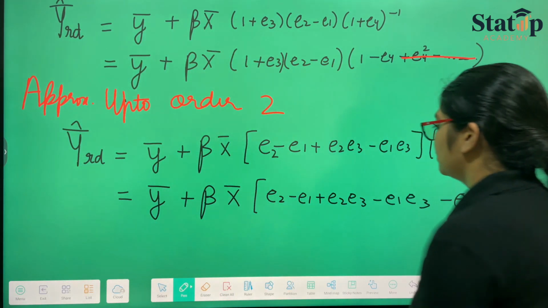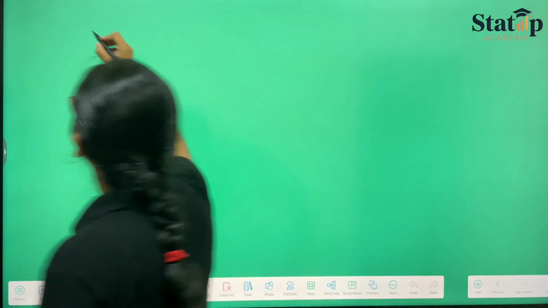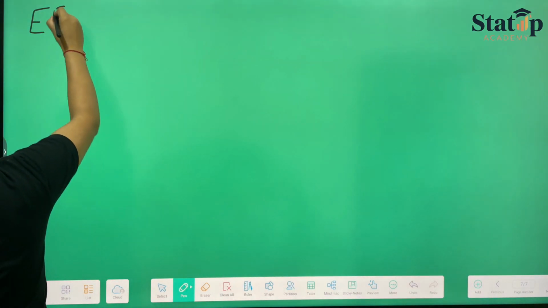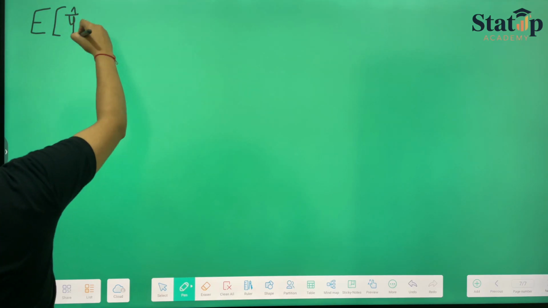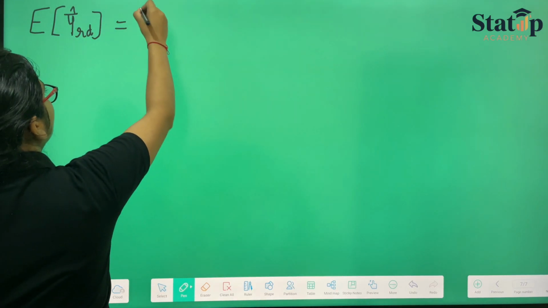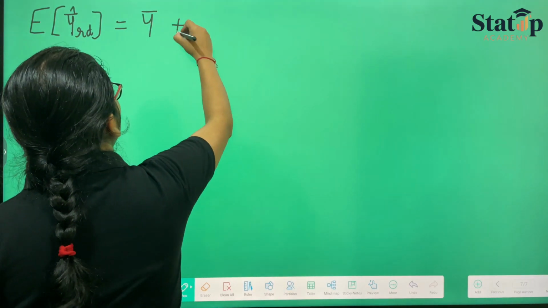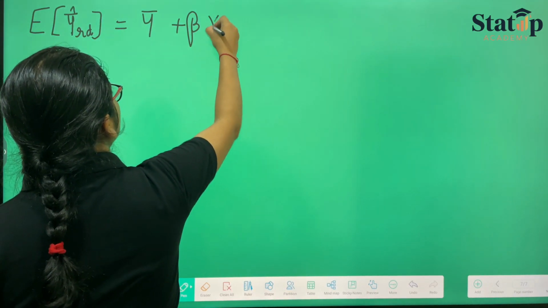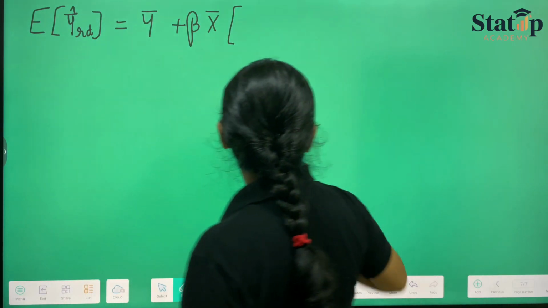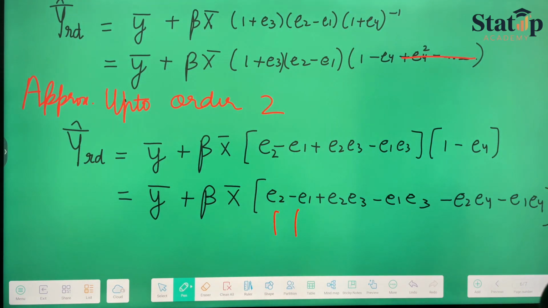Okay, so now we will take expectation on both sides. The expectation of the mean of the regression estimator in double sampling is equal to capital Y bar, because the expectation of small y bar is capital Y bar, plus beta x bar into, the expectation of e1 and e2 will be 0.